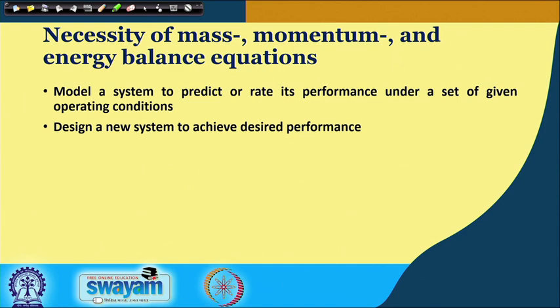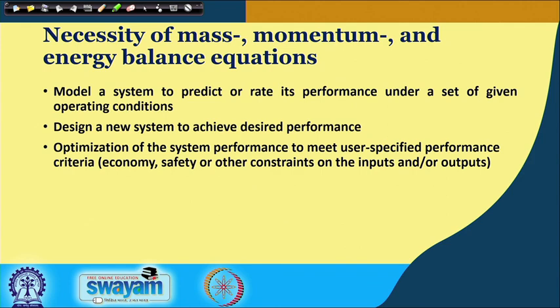Next is optimization of a system, means you want to see that the resources are used optimally and in face of economy or the safety reasons and any other constraints on the inputs and outputs. So, to decide the optimal conditions also you need the modeling.